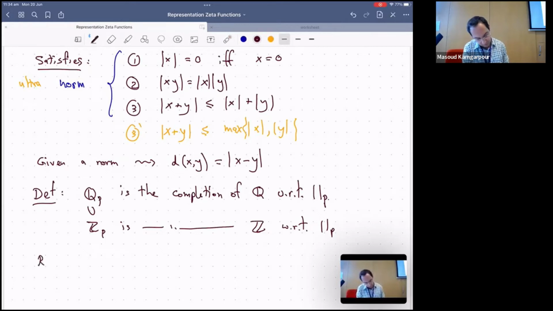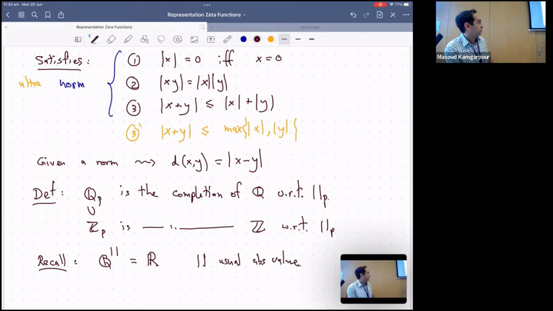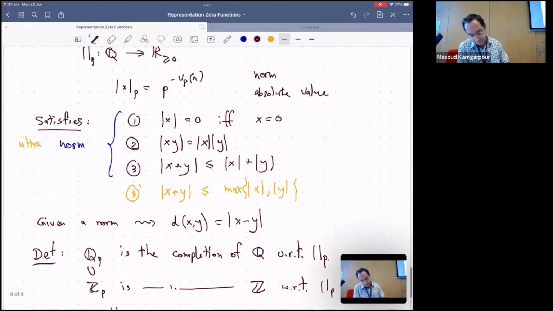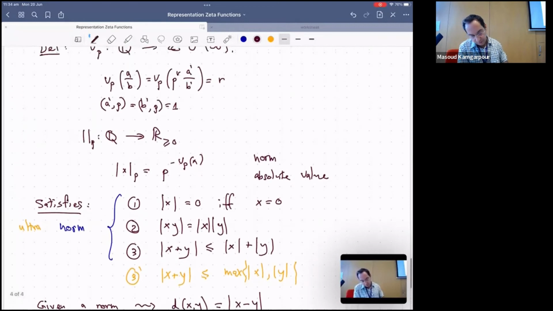So recall that if I complete the rational numbers with respect to the usual absolute value, I get the real numbers. Now here, this is the usual absolute value, which is not an ultra norm. But all these are ultra norms.